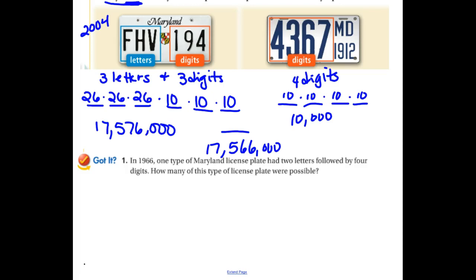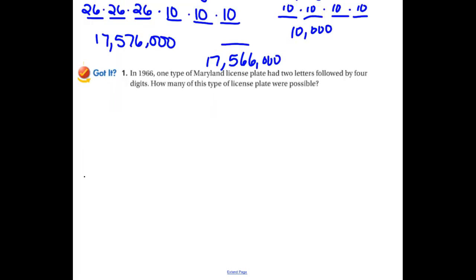Our next question says, in 1966, one type of Maryland license plate had 2 letters followed by 4 digits. Go ahead and set this up and check with the people at your table.